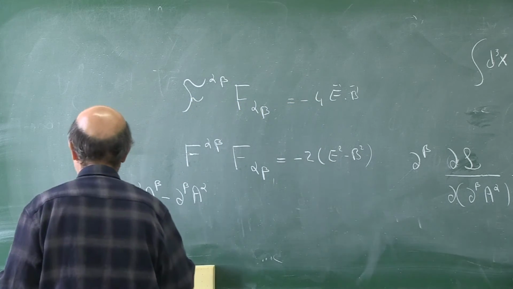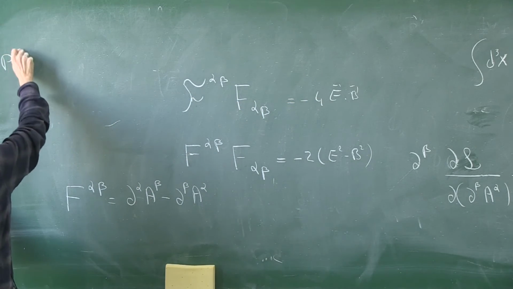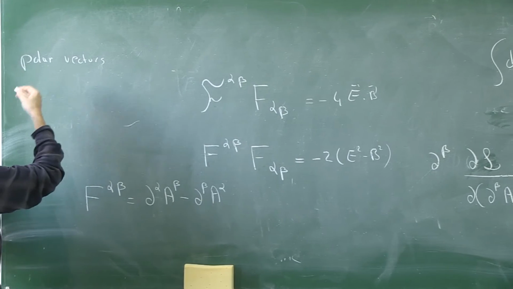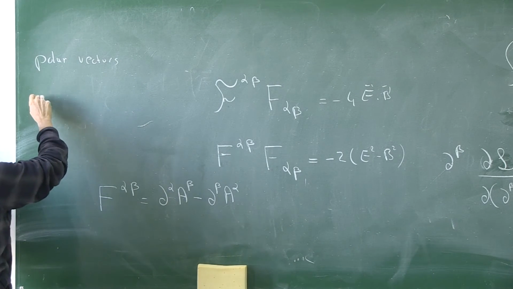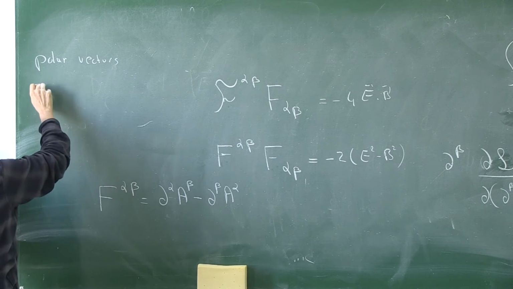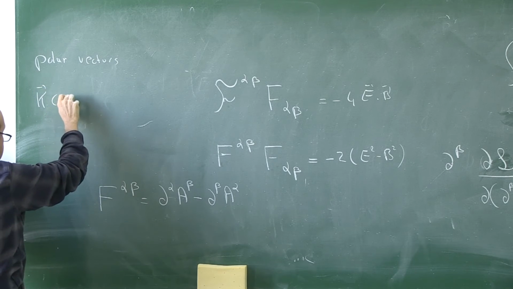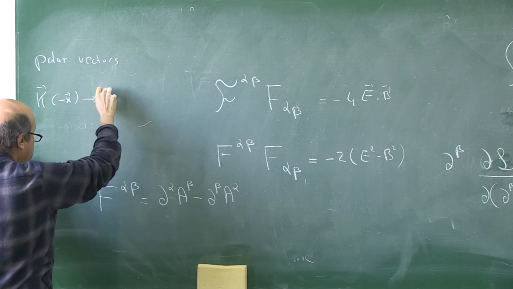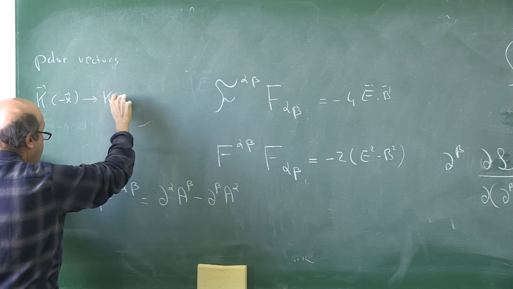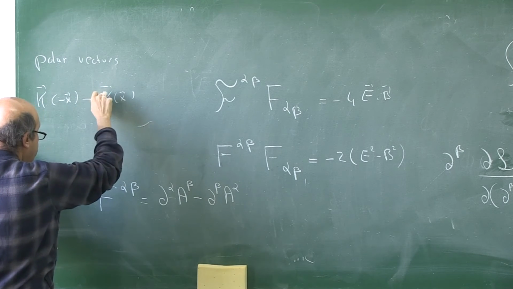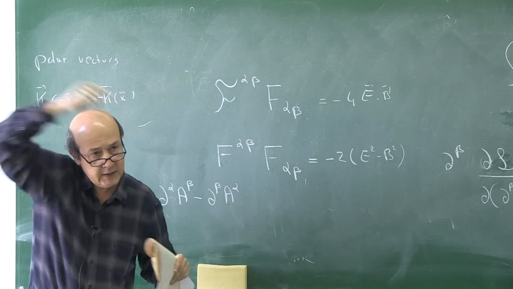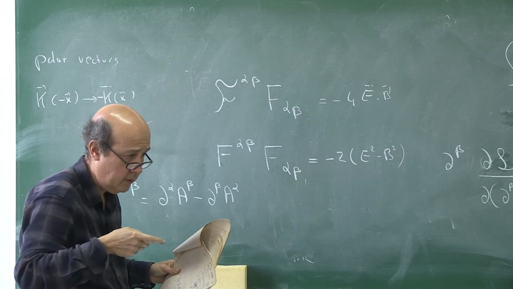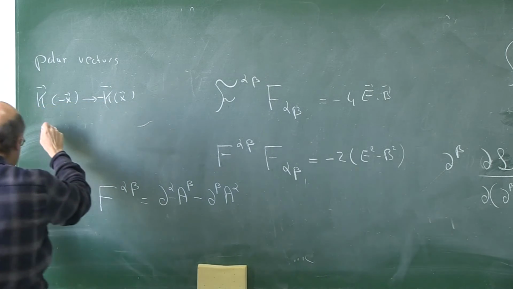So polar vectors are defined as follows. Let us take any vector k, for example. When k of x, when x goes to minus x, the polar vector is what? Negative of this. Okay, so it changes direction improperly. The other type of vectors is the axial vector.